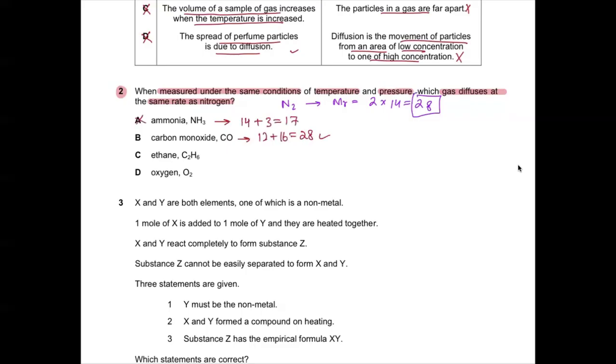So this is correct. For A, 2 times 12 plus 6 times 1 is 24 plus 6, which is 30. Then 2 times 16 is 32. So C and D go wrong and B is our correct answer.